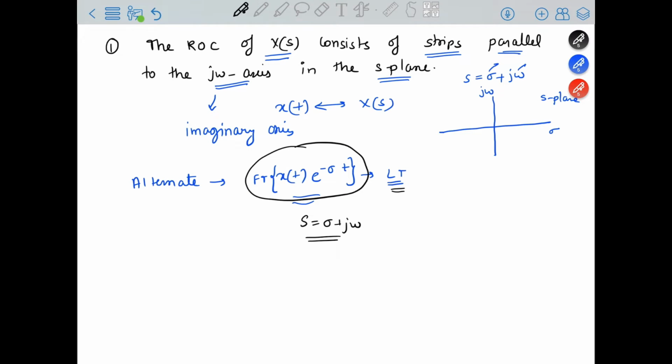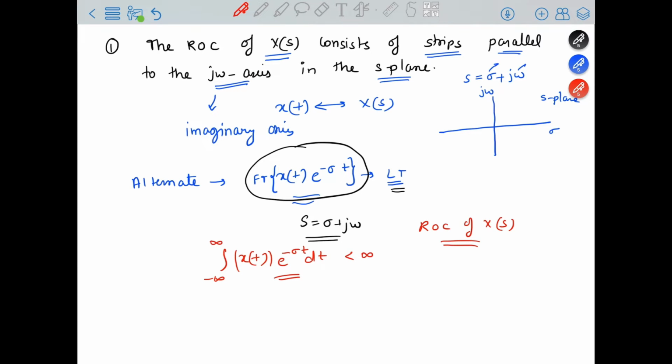How can we write it in mathematical form? We can write it as the integral from minus infinity to infinity of the magnitude of x(t) multiplied with e raised to the power minus sigma t dt should be less than infinity. If this is integrable, then we can say that the Laplace transform is defined, and those values of s will be in the ROC of X(s).